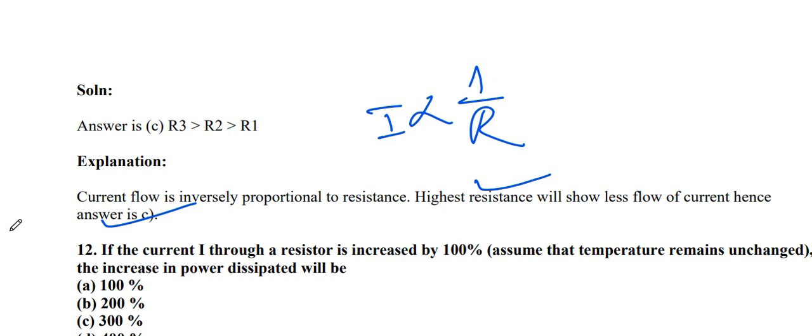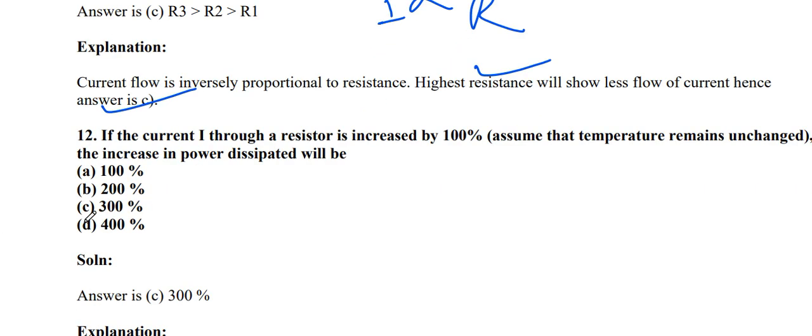Now let's see the 12 number question. If the current I through a resistor is increased by 100%, assume that temperature remains unchanged. The point is here. Now very easy. You see, the current through a resistor is increased by 100%.